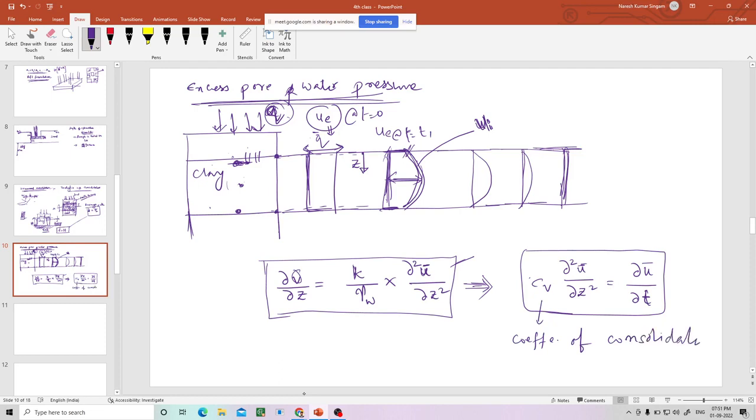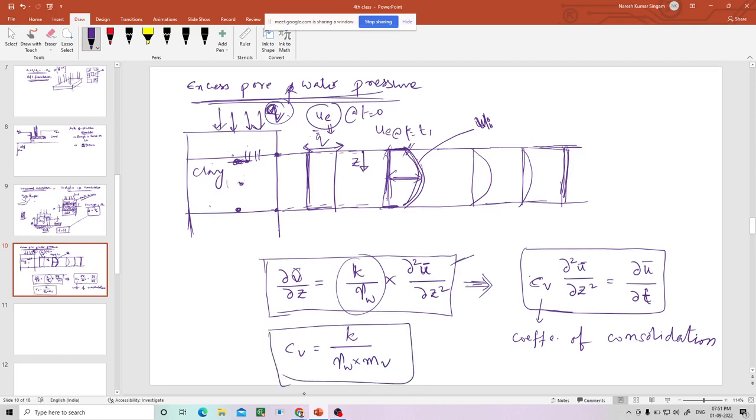Now this CV formula is K by gamma W into MV. During the derivation you will have some more terms; taking all those terms, they are replaced with CV. That's it. So this is called the coefficient of consolidation.